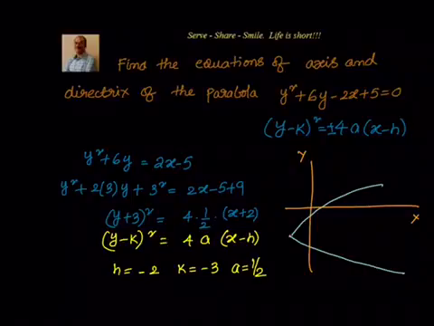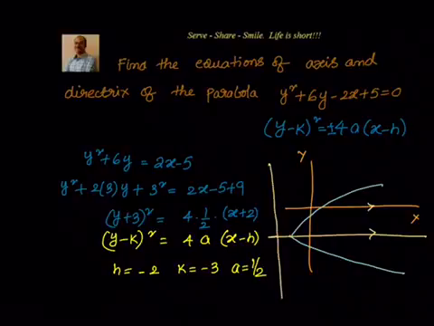So that's how the parabola comes. Let us say minus 2 comma minus 3. We know that the axis of parabola is parallel to x-axis, and we also know that directrix will be parallel to y-axis.